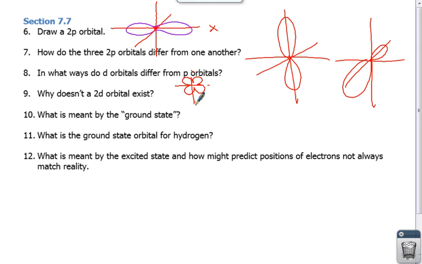And there's 5 different weird-looking clover-like shapes. Each shape is one of the orbitals. Again, no one ever draws them or asks questions about them, but they do pick pictures of them every once in a while. The real question, though, is why is there suddenly a d orbital when there wasn't before?